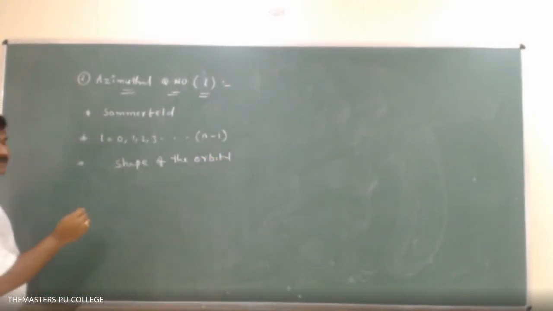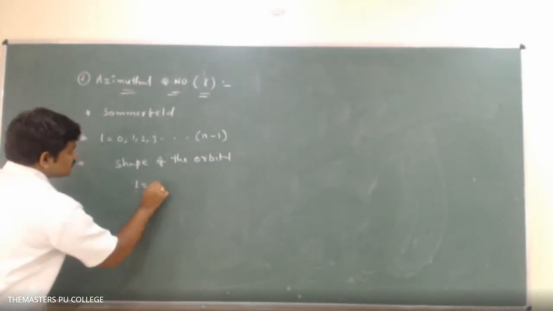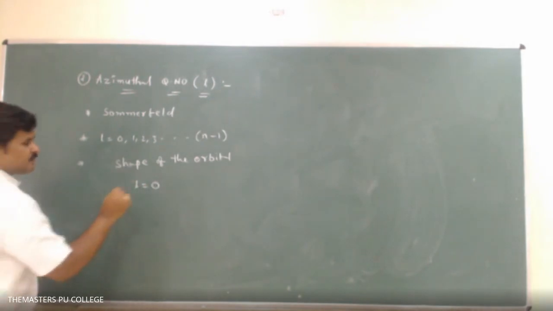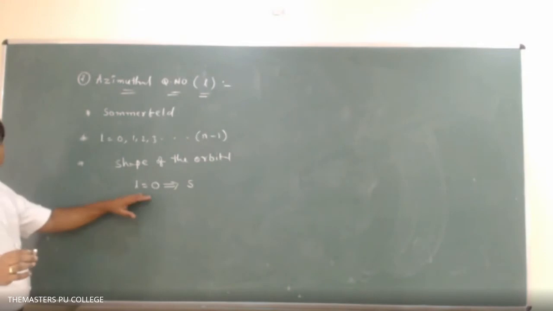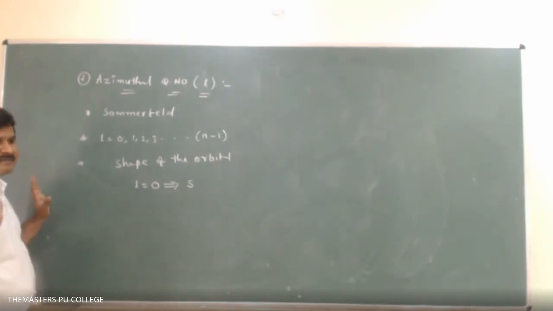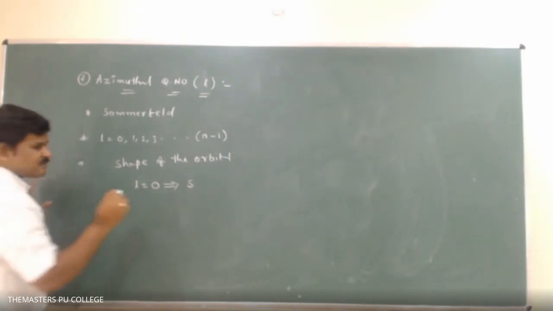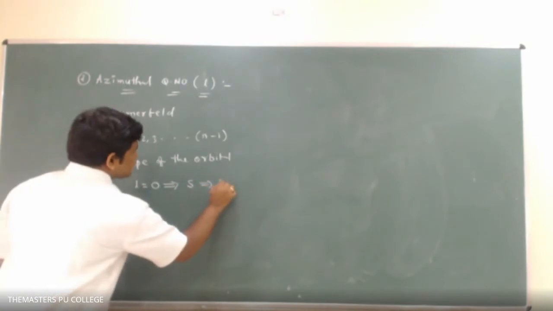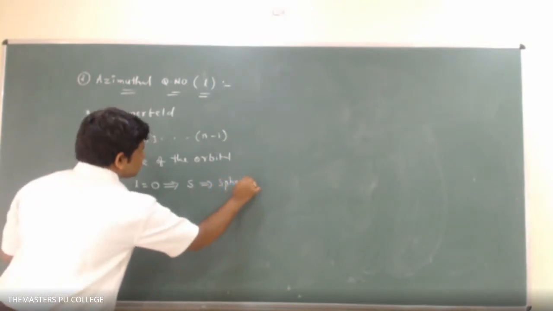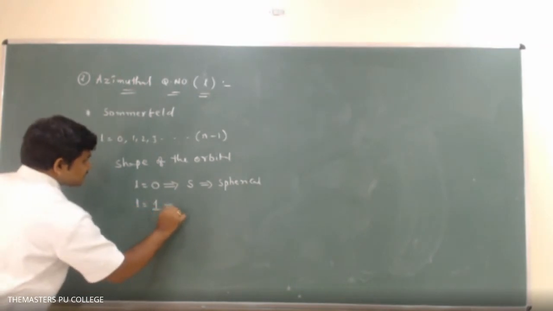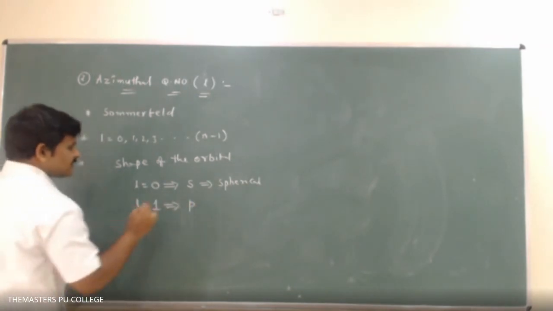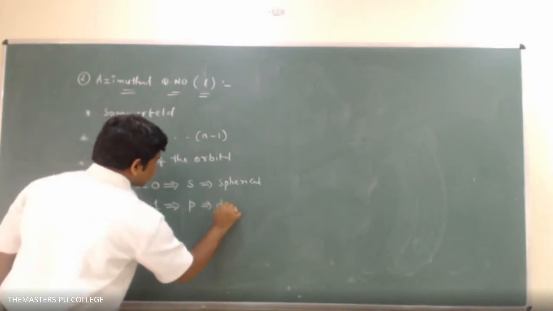Suppose L is equal to 0. The possible orbital is the s orbital. Remember this by heart. L is equal to 0, s orbital. S orbital shape is spherical. Next, L is equal to 1 means p orbital. Its shape is dumbbell.